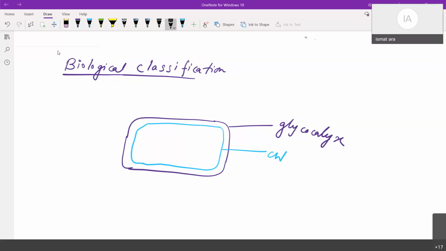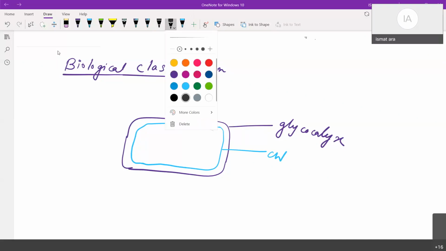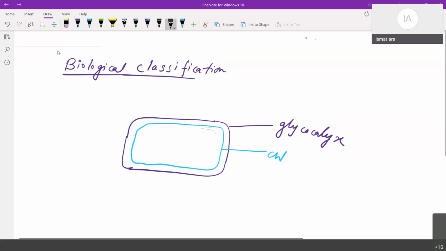The third layer is the plasma membrane or cell membrane.